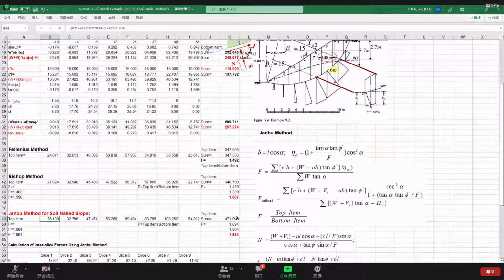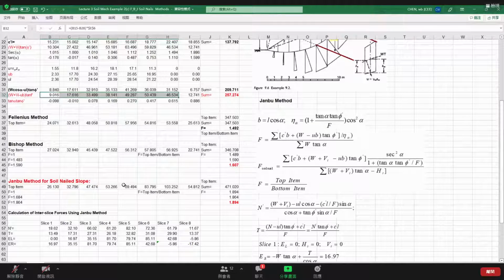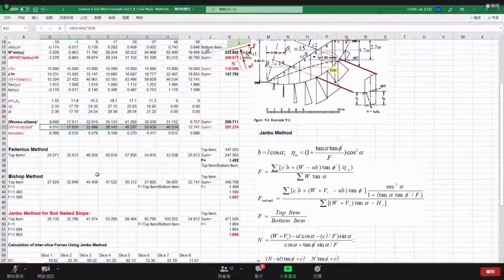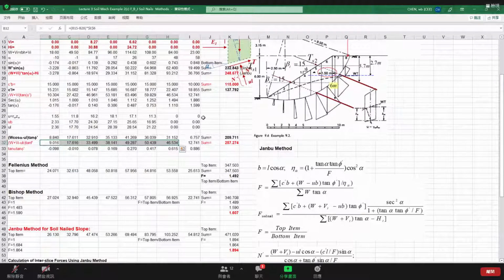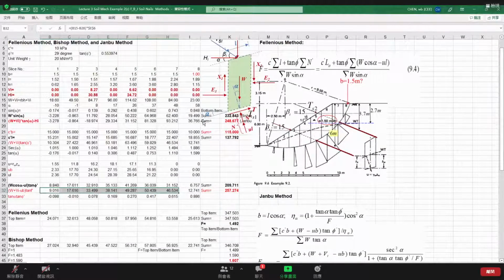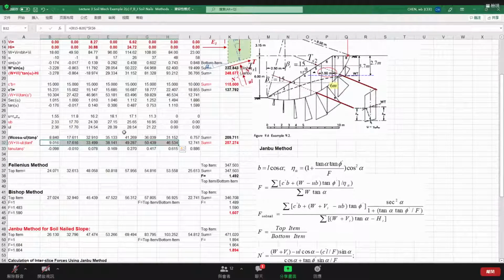We calculate the summation for the top item. So the only difference is how to calculate the new item for the top part and the bottom item for the soil nail factor of safety calculation. Nothing new, nothing difficult if you understand the procedure for calculating the FOS based on the Fellenius and Bishop methods.